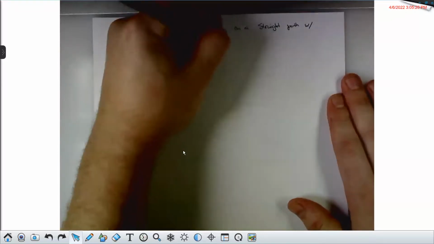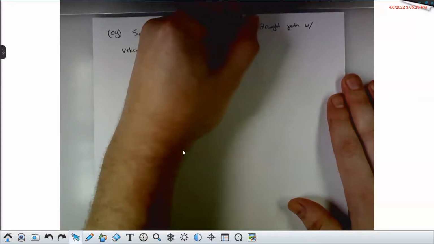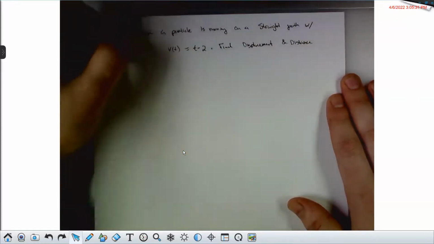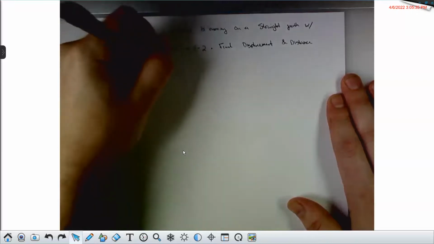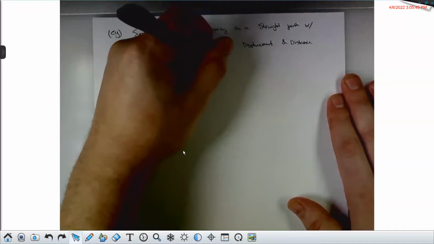Find both the displacement and distance from time t equals 0 to t equals 4.